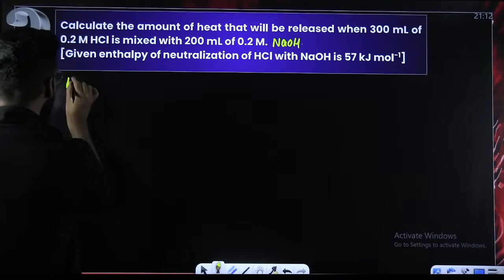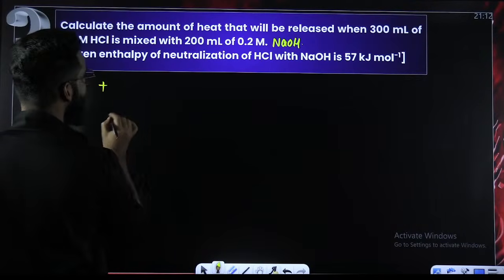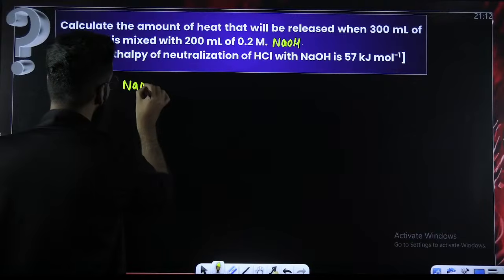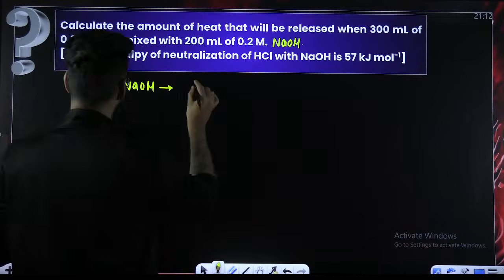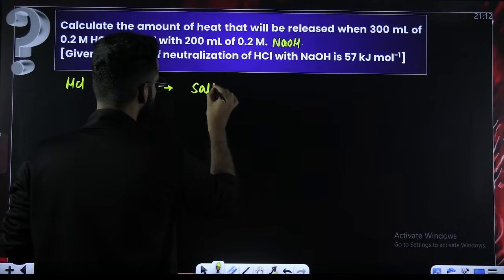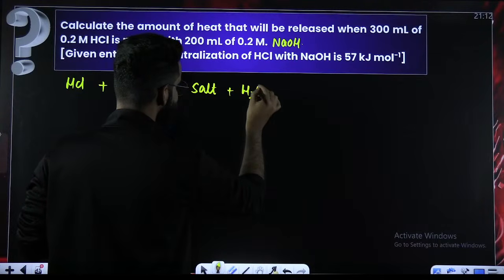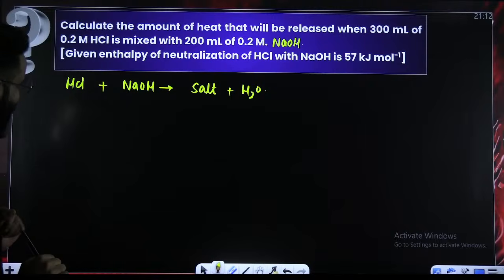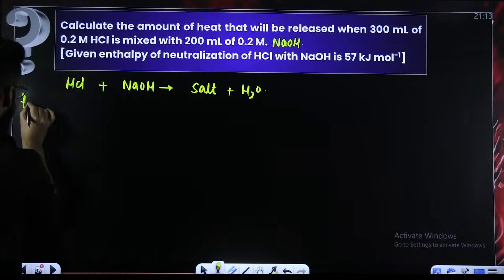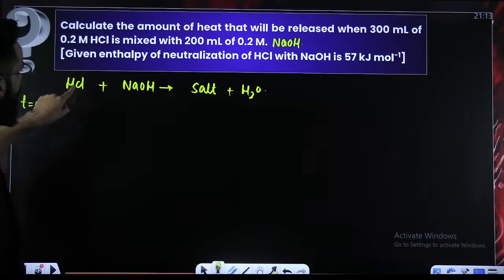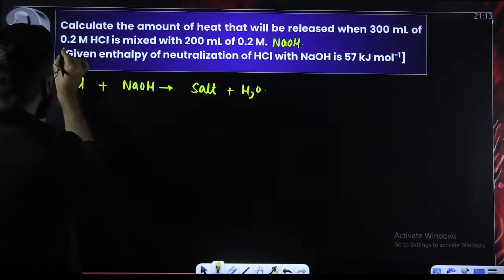As per the question, your HCl, you are treating it with NaOH. It will lead to the formation of salt plus water, right? Strong acid, strong base. Now, my dear students, molarity of HCl is given as 0.2.